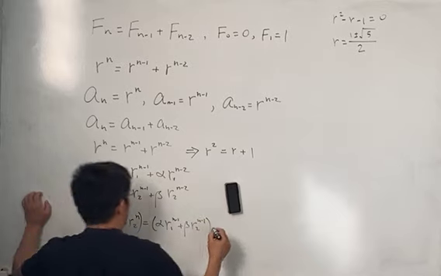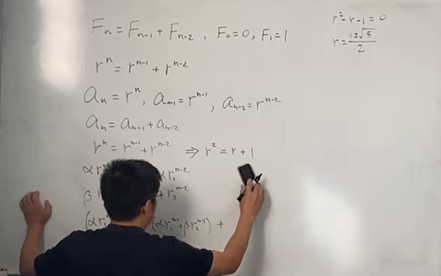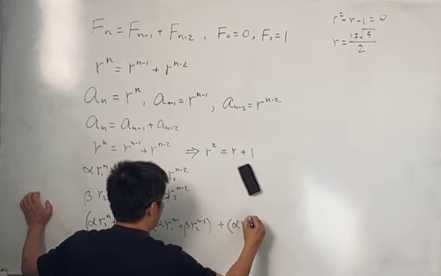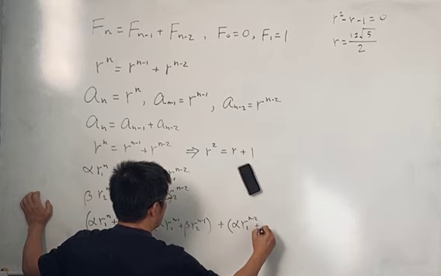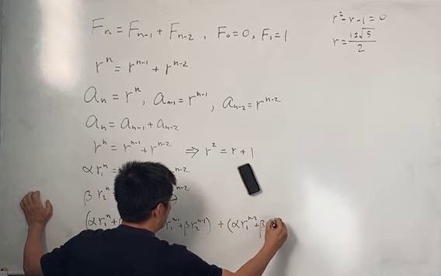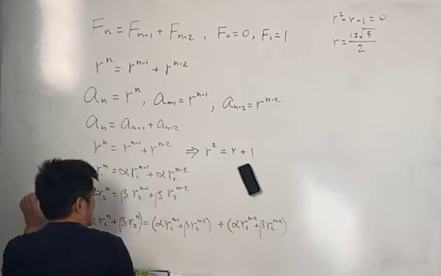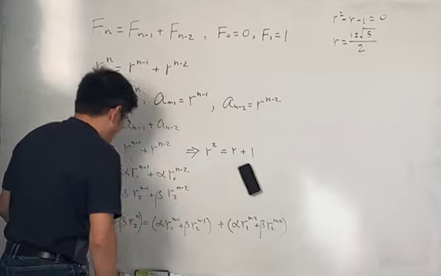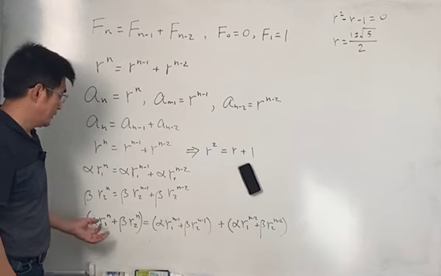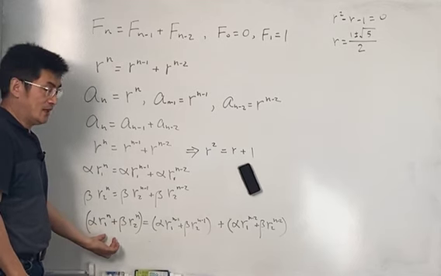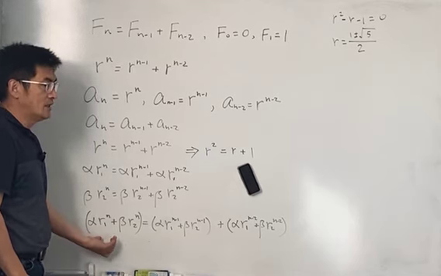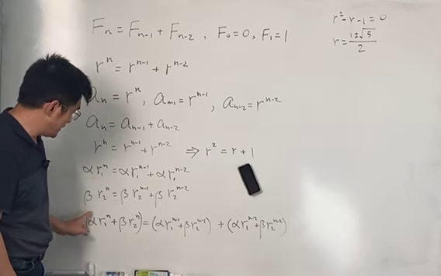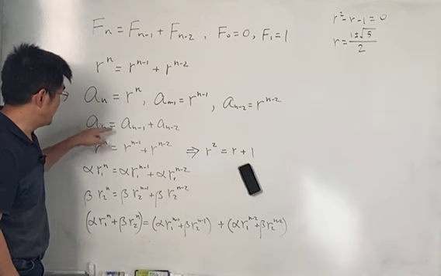Right? So then the next one here, keep going, following that pattern: r sub 1 to the n minus 2 plus beta r sub 2 to the n minus 2. So if you see this as some sort of sequence, if your a sub n equals this, it follows here.